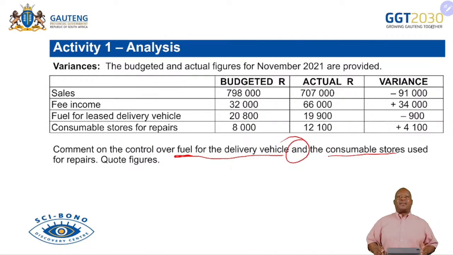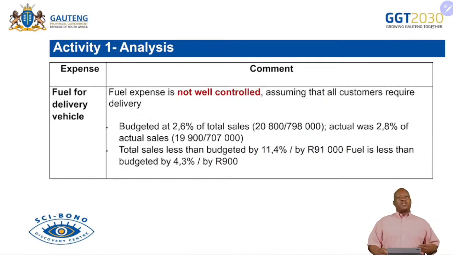They said and. It means we are going to compare or comment on both. We quote figures in our explanations. So let's look into fuel for delivery vehicle. Please take note. Fuel, you must tell us that it is not well controlled, guys. It is not well controlled.